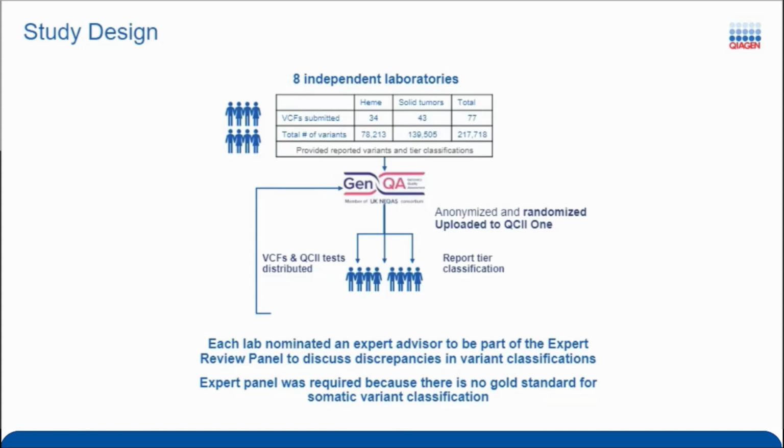The solid tumor number in this case was actually slightly higher. Of course, when you're dealing with numbers under 10, it's hard to make a big conclusion about whether one is easier than the other. With the AMP tiering classifications, when you're looking at the level of evidence for a variant within a gene in a disease, a lot of what you're looking at for solid tumors is impact on drug availability.